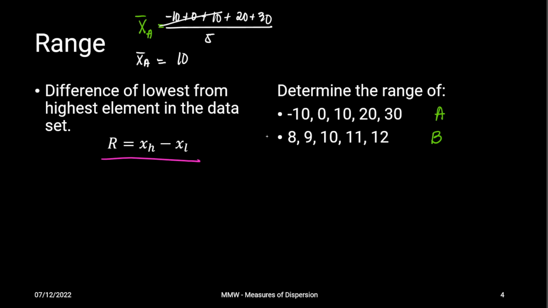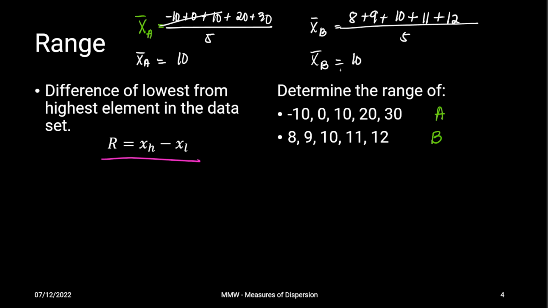And the mean of the second data set is 8 plus 9 plus 10 plus 11 plus 12, all over 5. That is equivalent to 50 divided by 5, which is equal to 10.